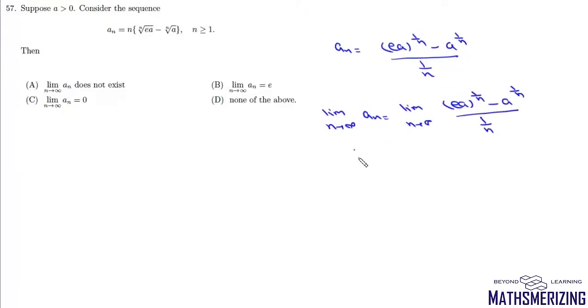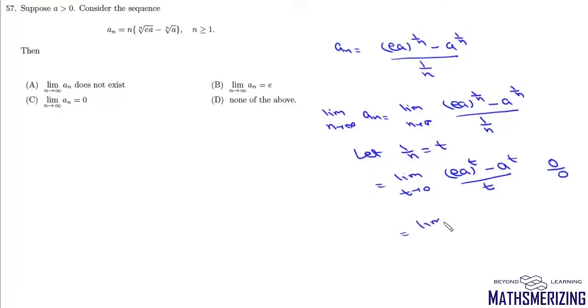Now what we'll do is we'll let 1 upon n be t, then we can write this limit as limit t tends to 0 of ((e a) to the power t minus a to the power t) upon t. Now this is 0 upon 0 form, so we can use L'Hopital's rule.